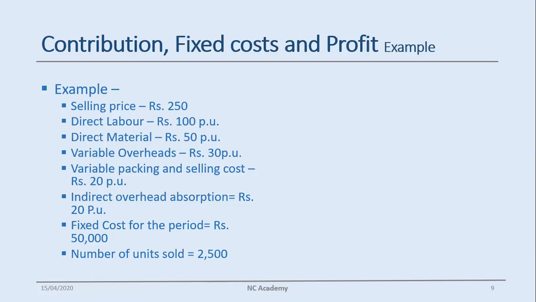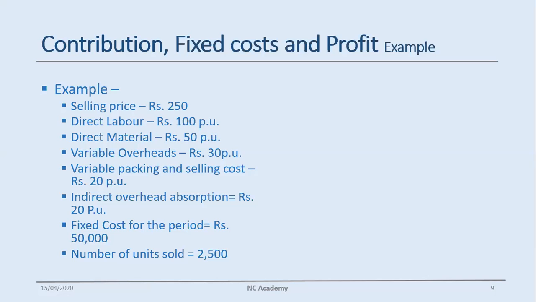In this example, our selling price is 250. We have direct labor, direct material, variable overhead, variable packing and selling cost, and indirect overhead absorption. Remember, this is absorption, not a variable cost. And then we have a fixed cost, again not per unit, which is for the period. The number of units sold is 2,500.